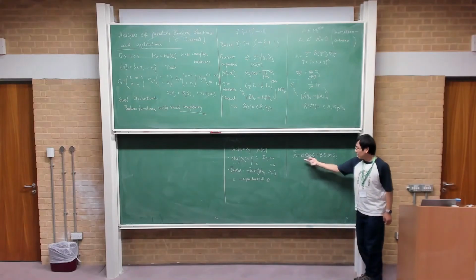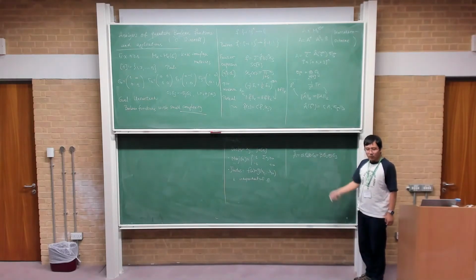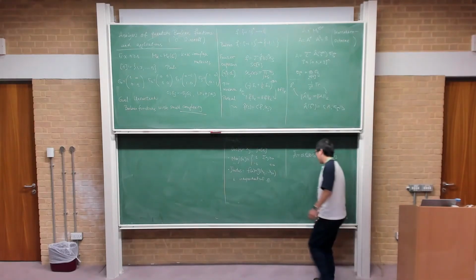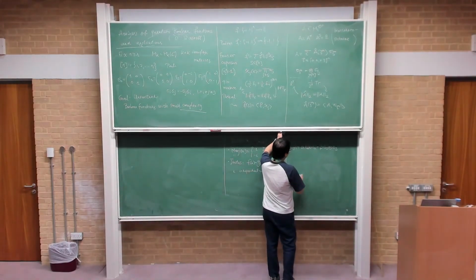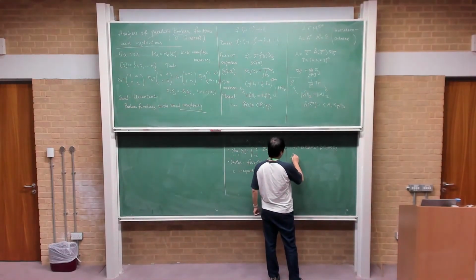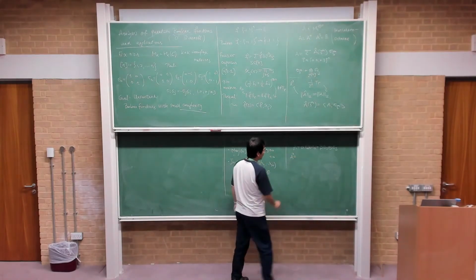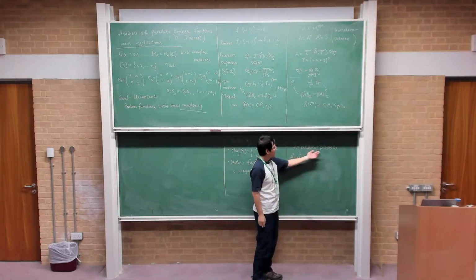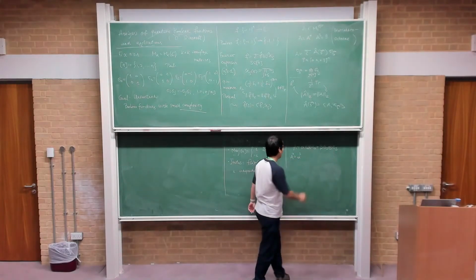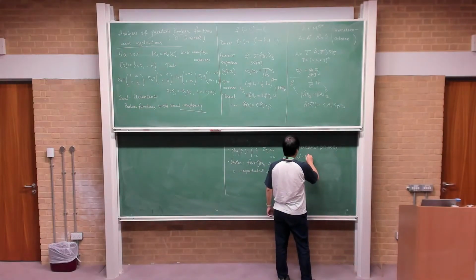Then when is this a self-adjoint unitary? Clearly alpha and beta you can assume to be real. Then let's compute when it is a unitary. A square is going to be alpha square, since each of these tensors is itself unitary, plus beta square.